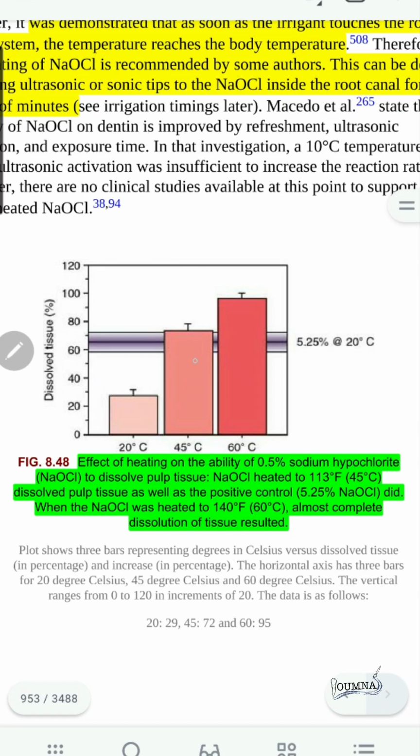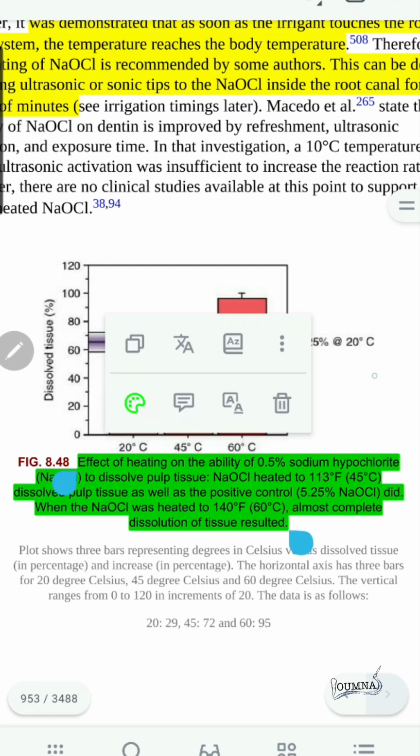When its temperature was 45, its efficiency was the same as the control group, which means that there was no change between 45 degrees and 20 degrees. But when it reached 60 degrees, almost complete dissolution of tissue results.